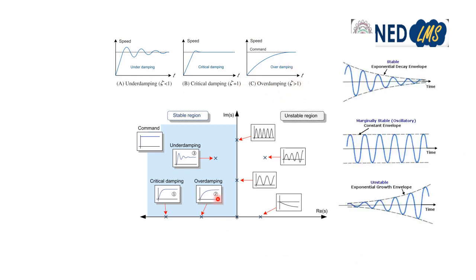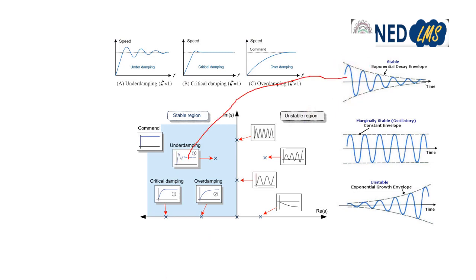Now here we see that these are the transients which are enveloped in an exponential function. This corresponds to a complex conjugate pair. Here what I want to show is that these stable systems have oscillatory transients which are enveloped in the exponential function.